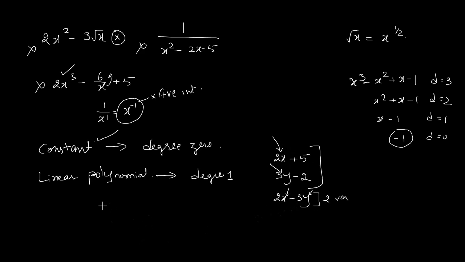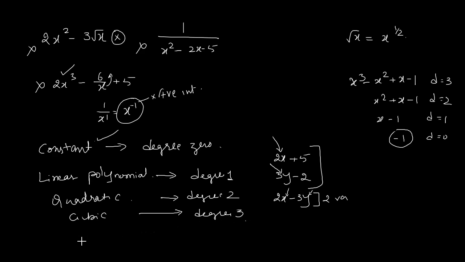So remember that. Then the one with degree 2 is called a quadratic polynomial. The one with degree 3 is called a cubic polynomial, and the one with degree 4 is called biquadratic.